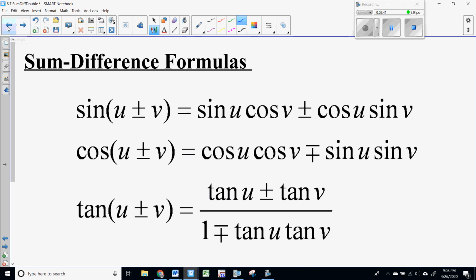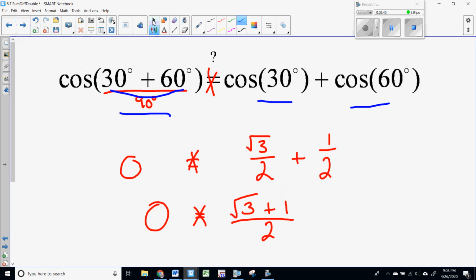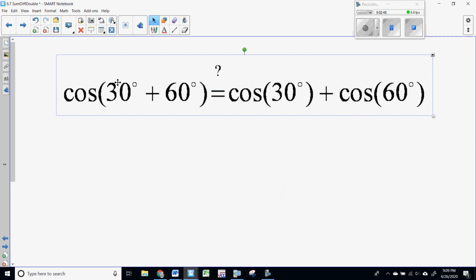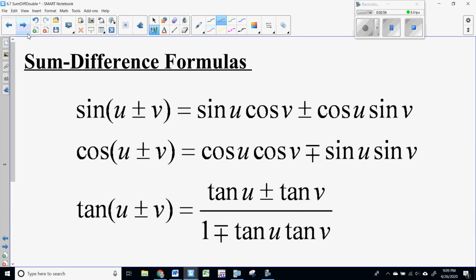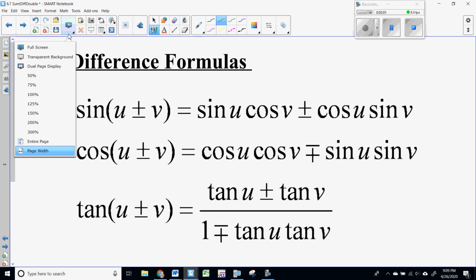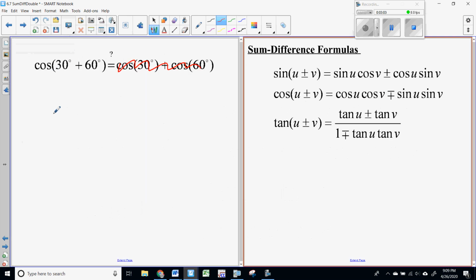So if I go back to here and look at the cosine of 30 plus 60, my identity would be cosine of 30 times cosine of 60.